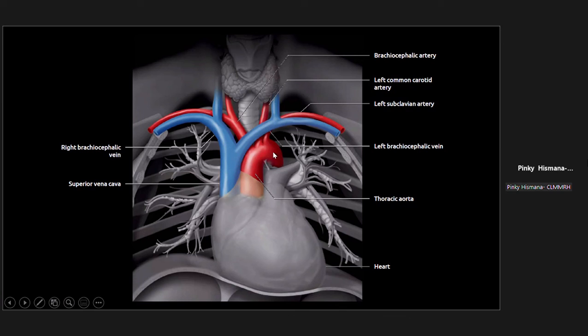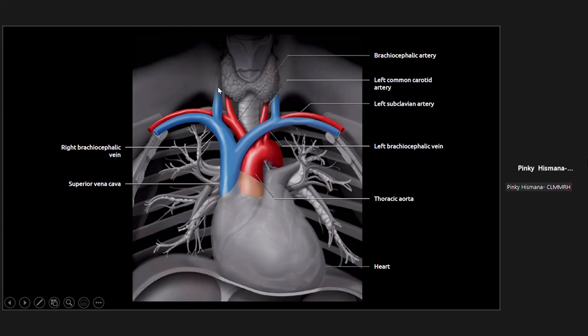And also part of your superior mediastinum would be your main pulmonary vessels, main pulmonary artery. The blue one actually, I'm sorry, for a while. Part of the superior mediastinum actually would be your superior vena cava.